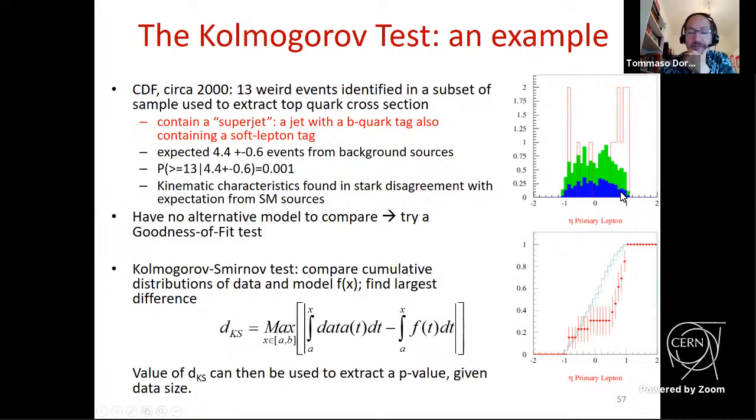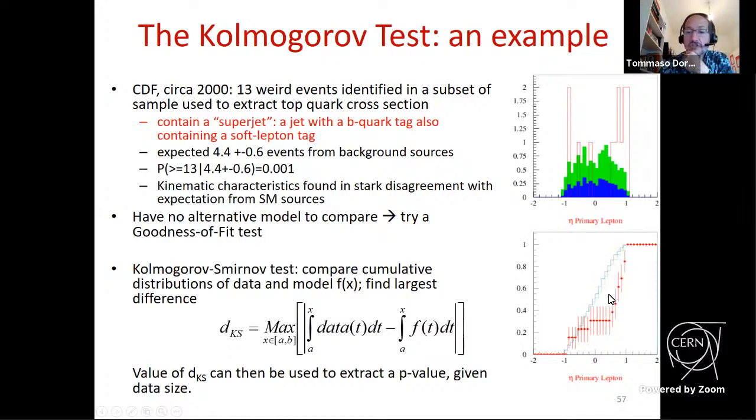They were discrepant not only in normalization, 13 versus 4.4, but also in shape, such as this primary lepton rapidity. So they did a Kolmogorov test on each of these variables. And the Kolmogorov, you see this in the bottom right, means to compare the cumulative distribution of the expected background and the data that you have, which are these points with uncertainty bars.